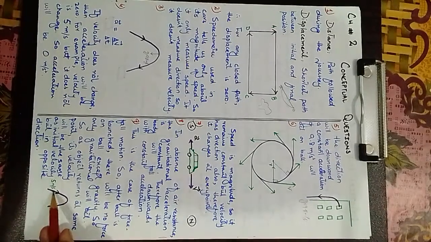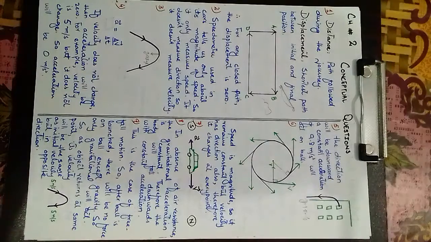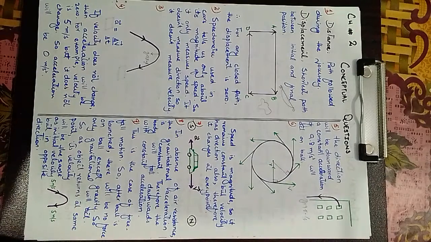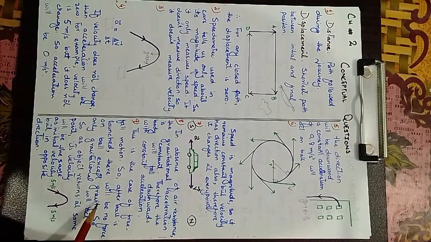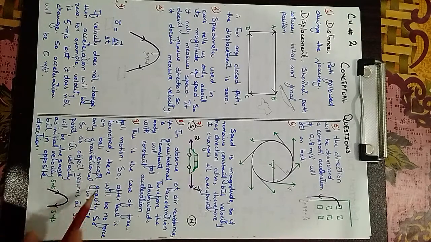So in this case आपकी gravitational acceleration की just direction change होगी लेकिन value same रहेगी provided that there is no resistance and you can say that there is no external force that is acting upon that body. So in this case of free fall motion, after a ball is launched, there would be no force on that ball except gravity. So only gravitational force will act on that body.